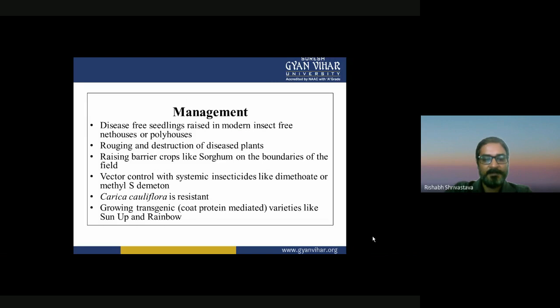Vector control with systemic insecticides like dimethoate or methyl demeton. Carica cauliflora is resistant. Growing transgenic protein-mediated varieties like Sunup and Rainbow.